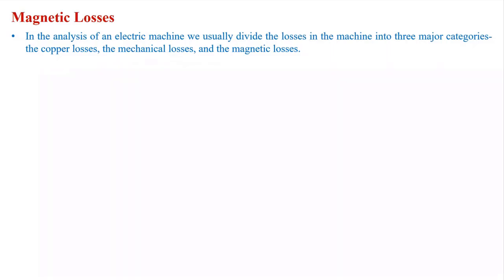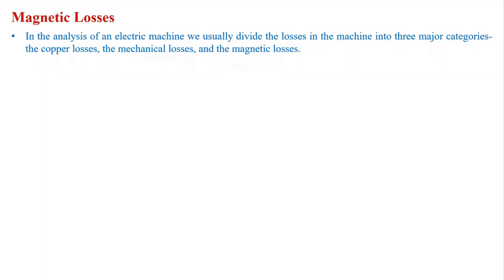I give mechanical energy as the input and take electrical energy as the output. In between, this conversion happens in the magnetic field, and certain losses take place inside. Therefore, when finding the efficiency of a machine during performance analysis, we need to find out the losses.